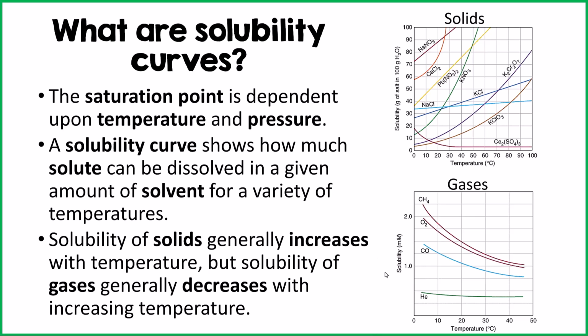And that's because as the temperature of the solution increases, it's bumping into those gas particles more rapidly. And those gases, because they're less dense, are then able to actually break out of the solution more easily. So they are less soluble in high temperatures because they want to be released from the solution as those high kinetic energy particles are bumping into them.